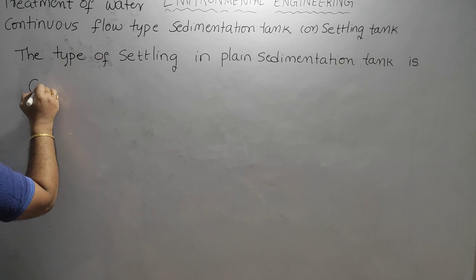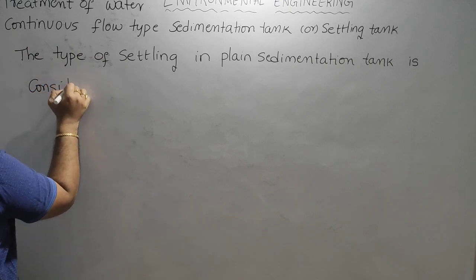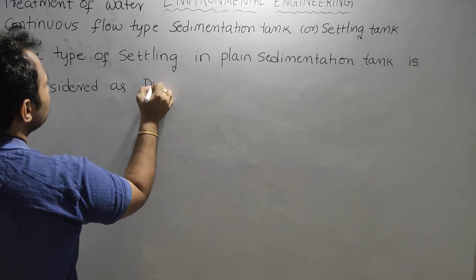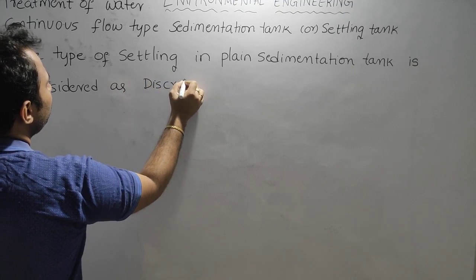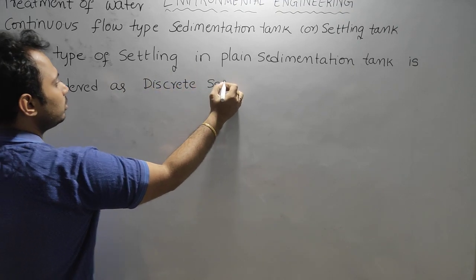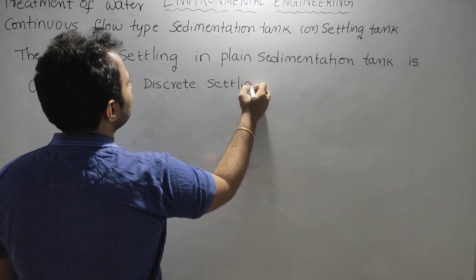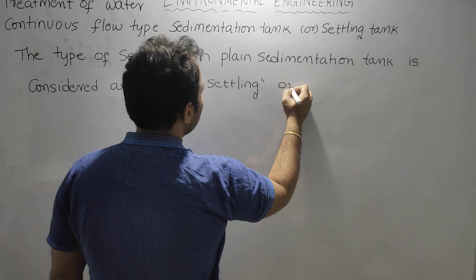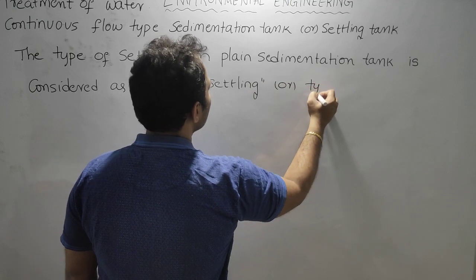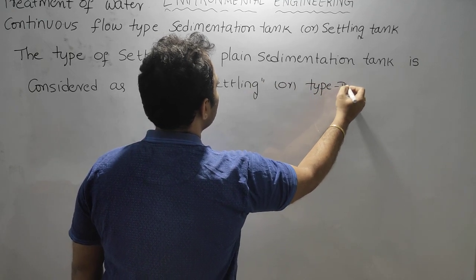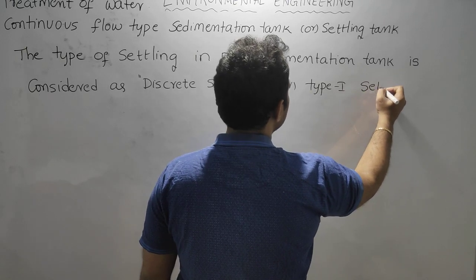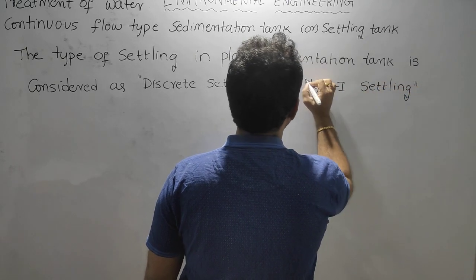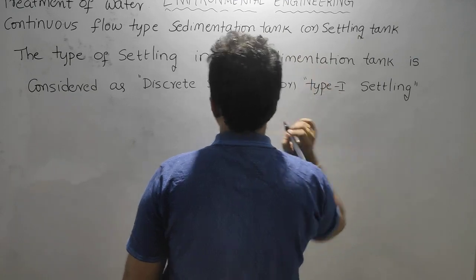We also call this type 1 settling. That is why we call this tank a type 1 settling tank.